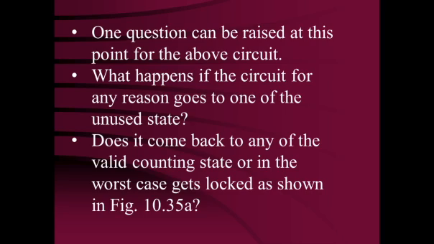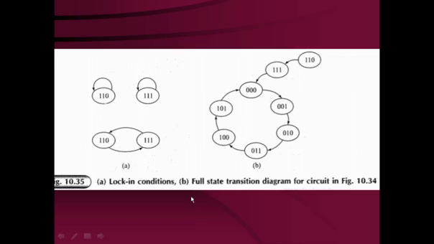So when you start the power supply, it is possible that it jumps into one of these states. Then after giving a clock pulse, it can come back to the legal count sequence, and it will not malfunction. Or does it come back to any of the valid counting states, or in the worst case get locked into the state shown in figure 10.35a?